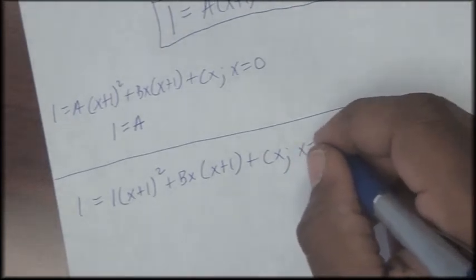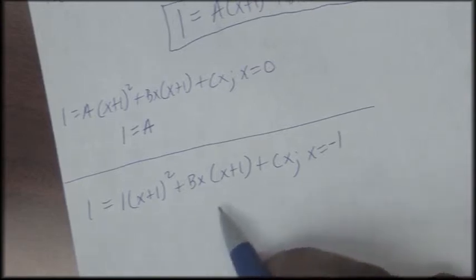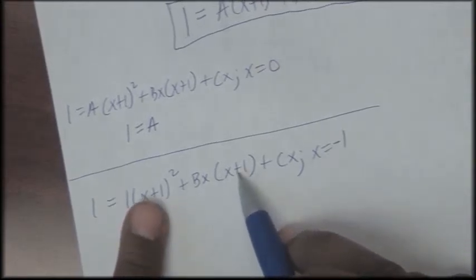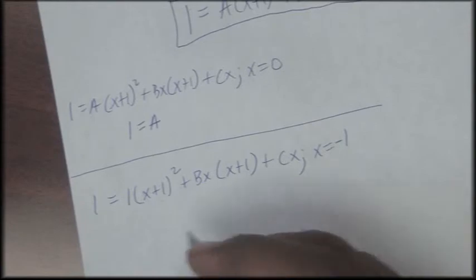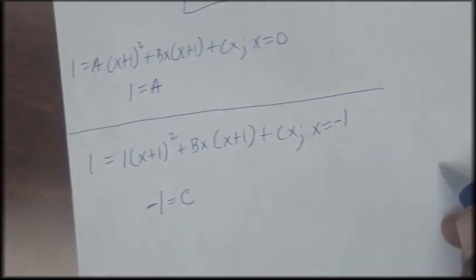We're going to substitute x for -1. And once we substitute x for -1, we see that -1 is equal to c.